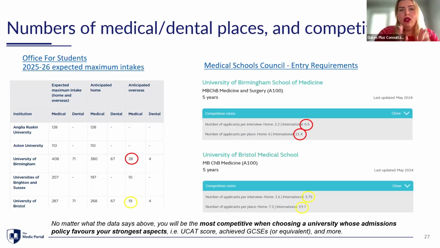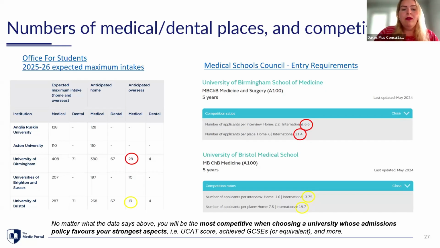So don't just look at the number of places as the competition. If every student applied to the same universities because they had the most places, it's going to make the application even more competitive and drive up that ratio of number of applications to place or to interview.